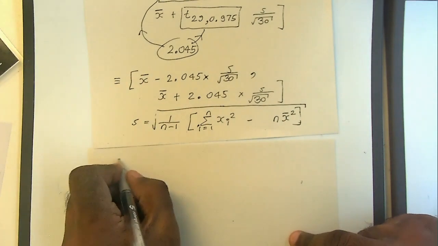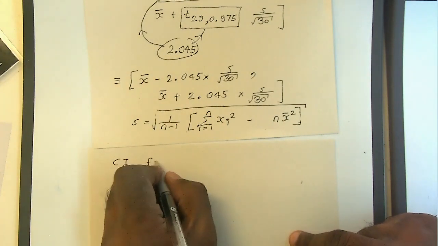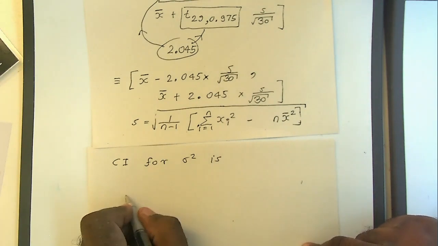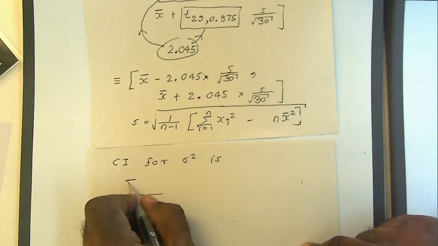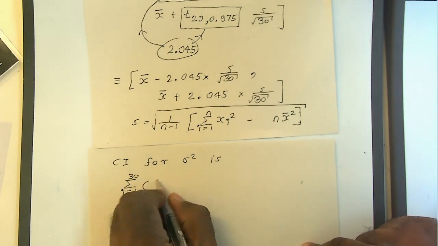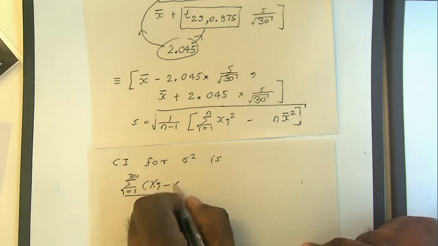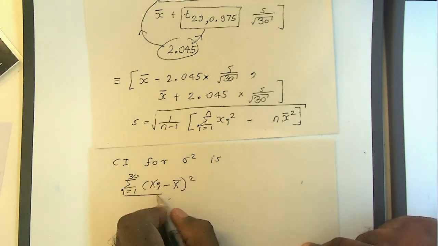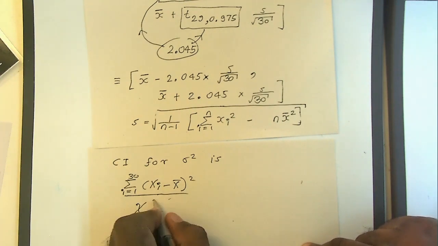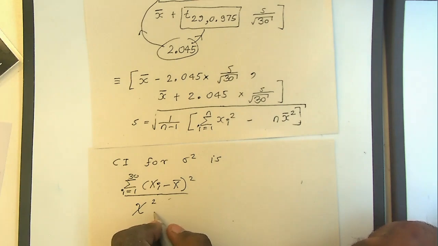So the CI... chi squared, n minus 1 is what? 29. 1 minus alpha by 2 is 0.975.